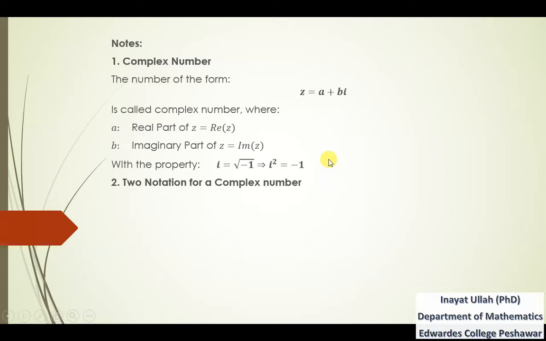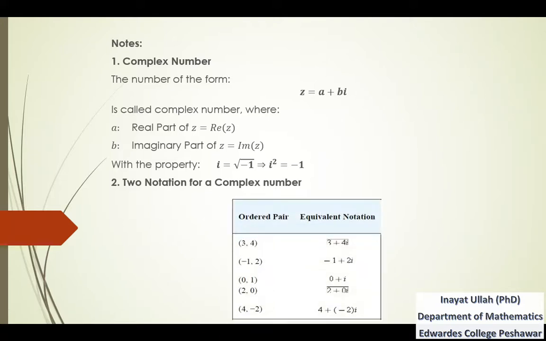There are certain notations for complex numbers. Two of them are popular to use. The first one is the ordered pair notation, and the second one is the iota notation, the equivalent notation.